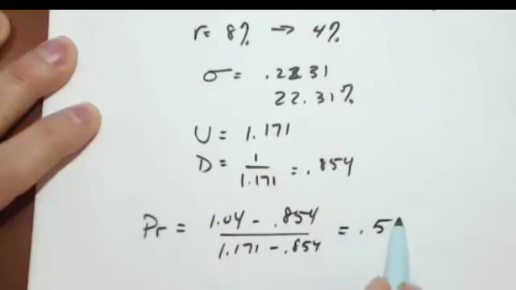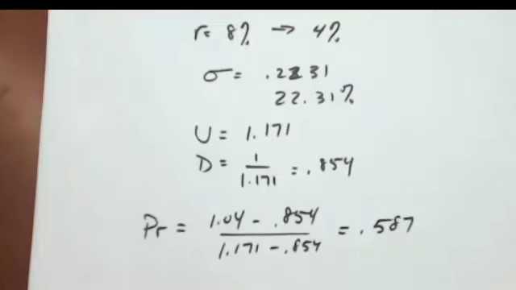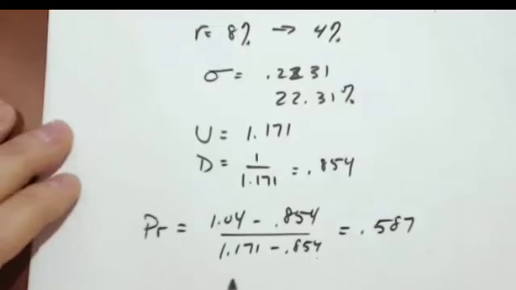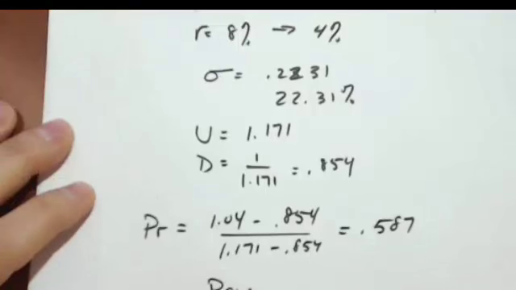And the probability of going up is 58.7%, which means the probability of a down state equals 41.3%.